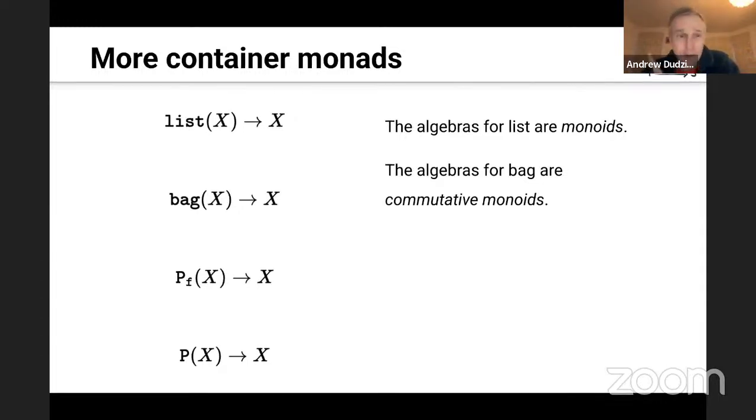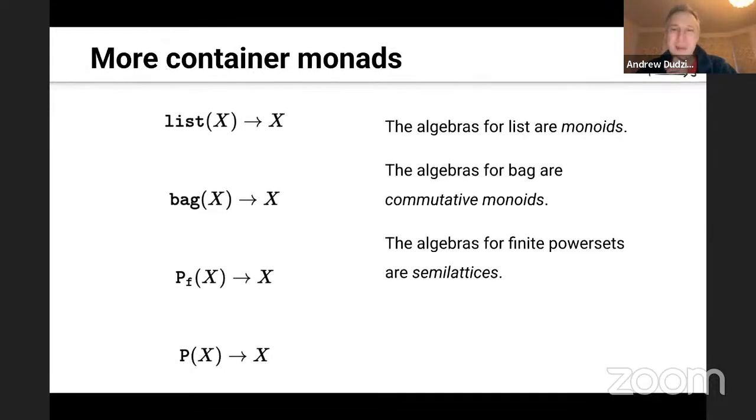Okay, now how about finite power sets? Now what I want is a machine that can take any subset of my set and join them together to an element of the set. You can join any finite number of things in the set together. What does that sound like? So the algebras for the finite power set monad are semi-lattices.